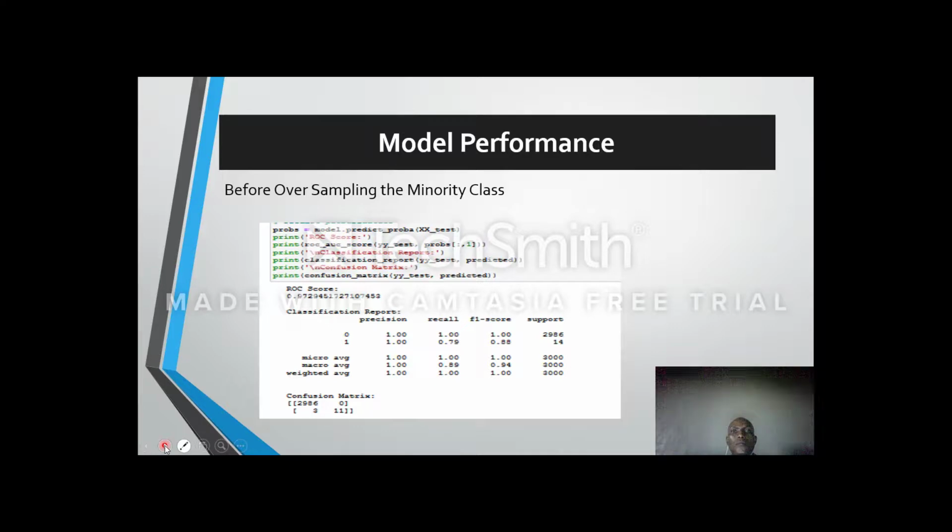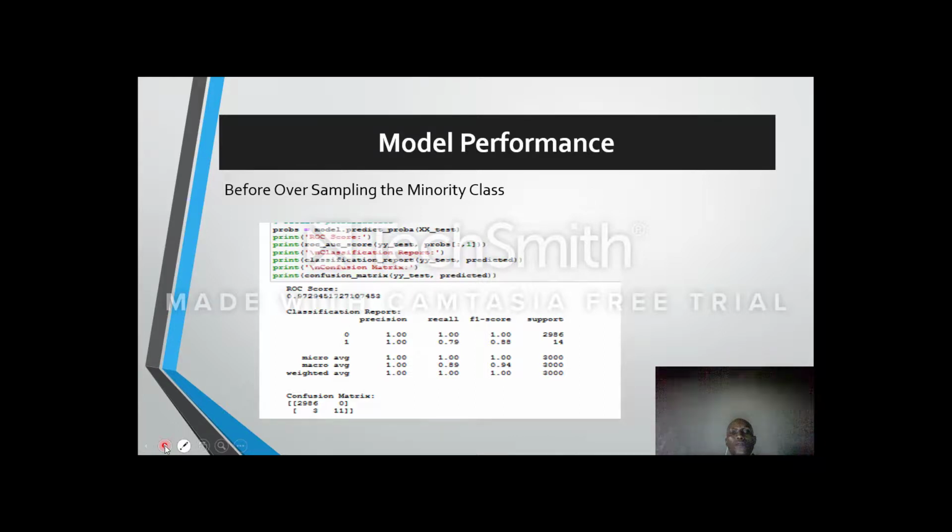So let us go to our model, and look at what we have before oversampling the minority. You can see the ROC giving us 97%. For the non-fraud cases, precision is 100%, recall is 100%, and F1 is 100%.